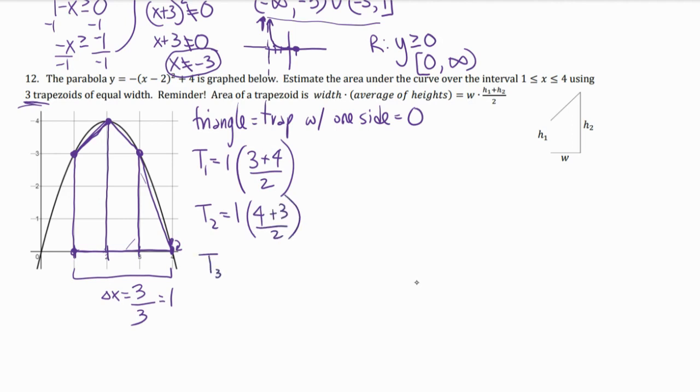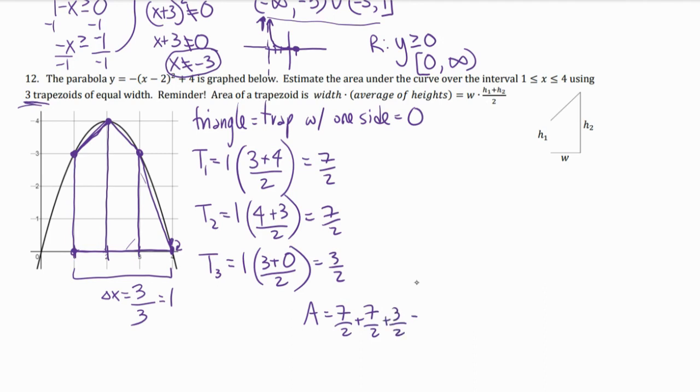And then my third trapezoid has a width of 1. My first height is 3, and my last height is 0. All right, so T sub 1 is 7 halves, T sub 2 is 7 halves, T sub 3 is 3 halves. So my total area is 7 halves plus 7 halves plus 3 halves, which is 17 halves units squared.